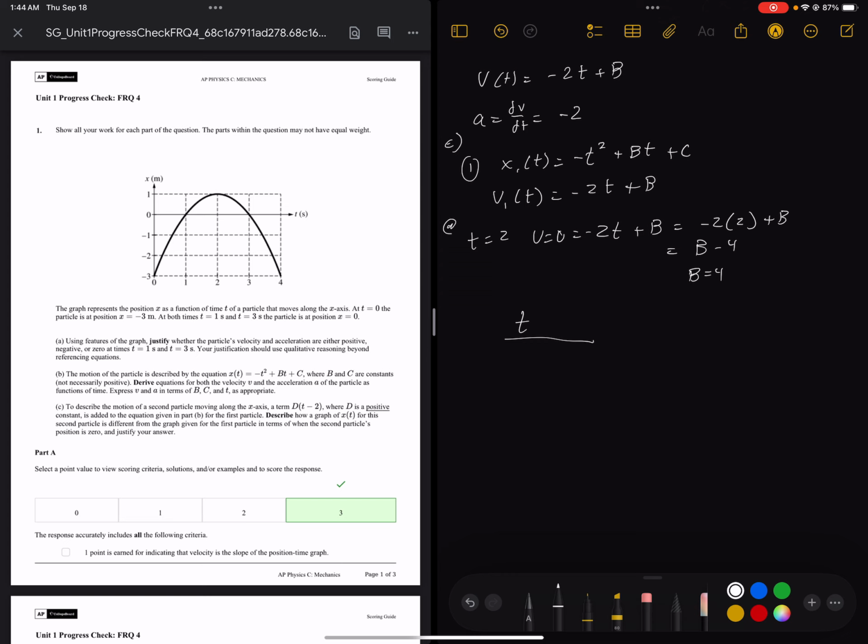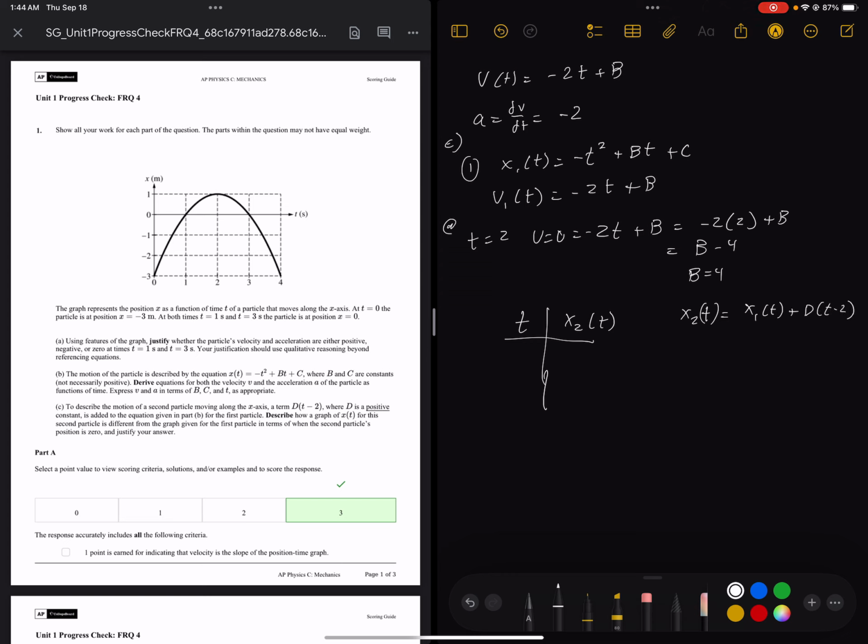At the end of the day, we're comparing, describing how the graph of x of t for the second particle is different. So at different values of t, I'm looking at x2 of t. If I look at that function, it's basically x1 of t plus this term, d times t minus 2.